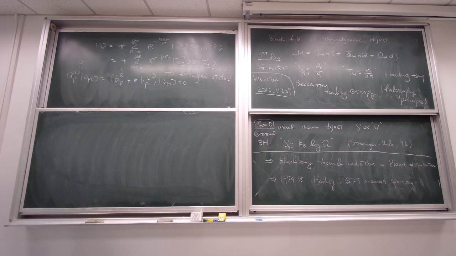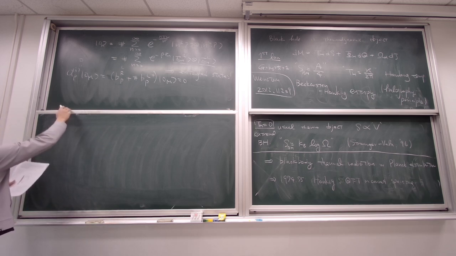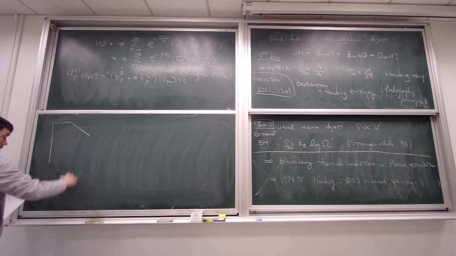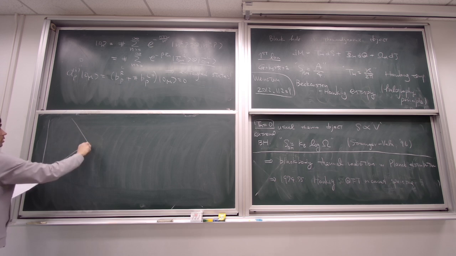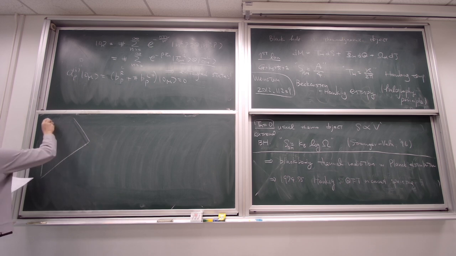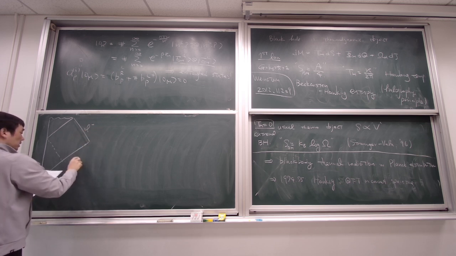Let's recall the Schwarzschild geometry, with I plus and I minus.